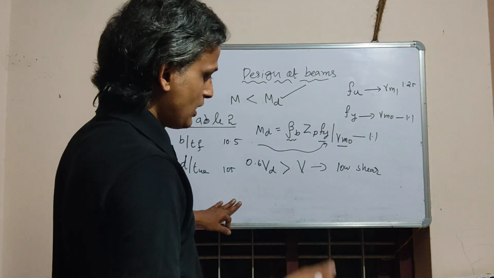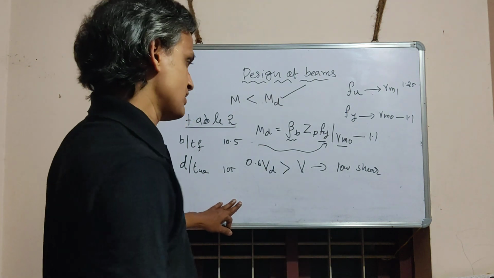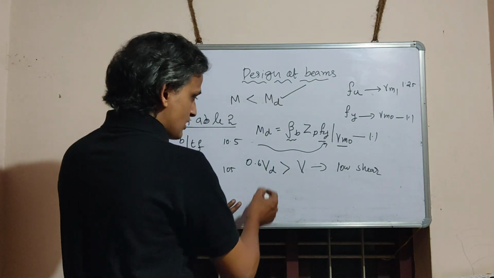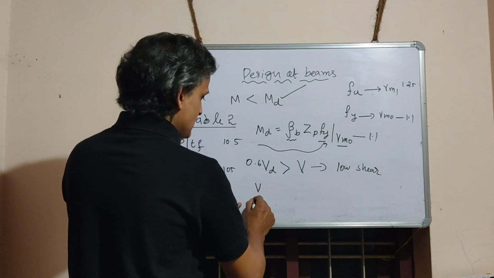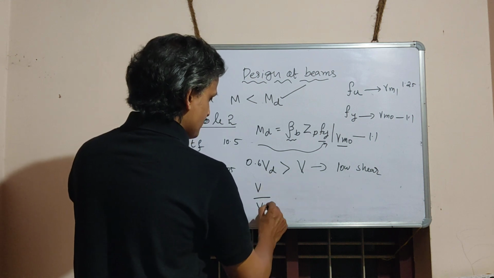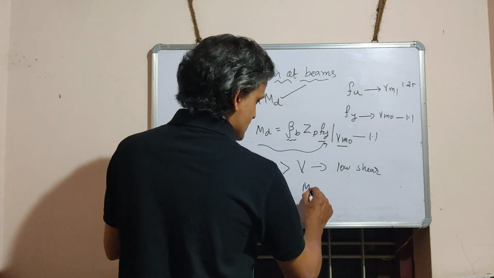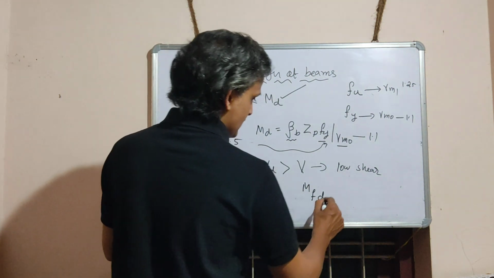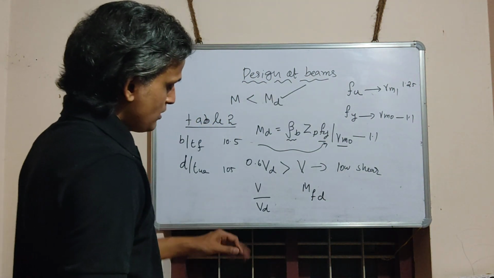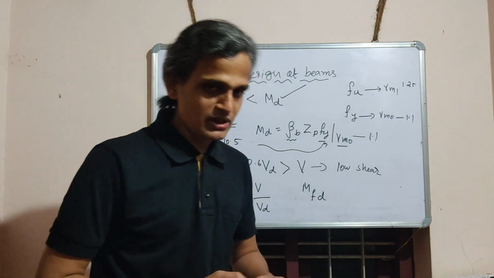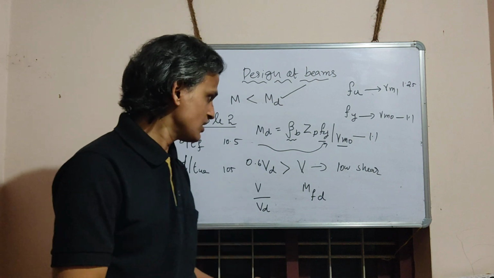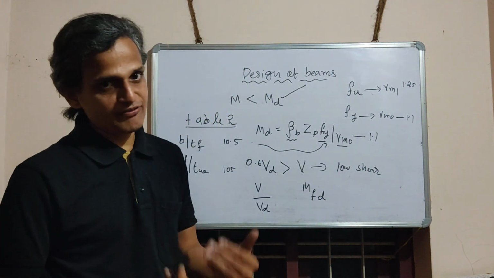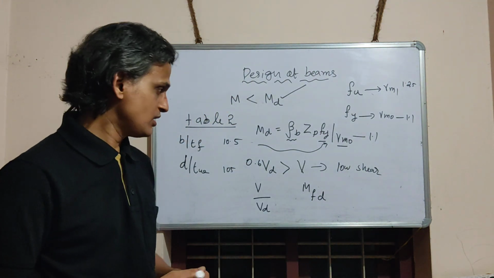Otherwise, you have to use another equation given in IS 800, involving the ratio between V and Vd and another term MFD, which includes the effect of high shear.